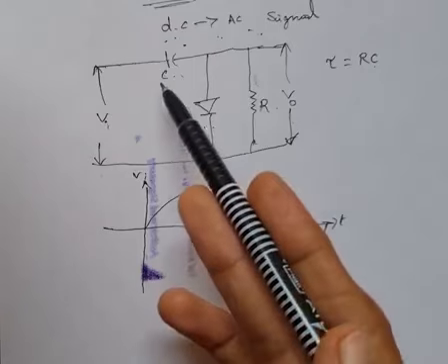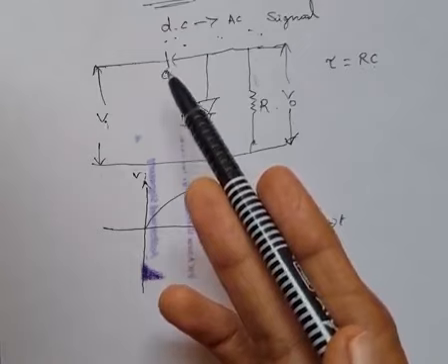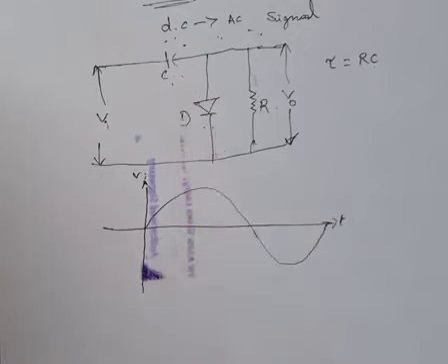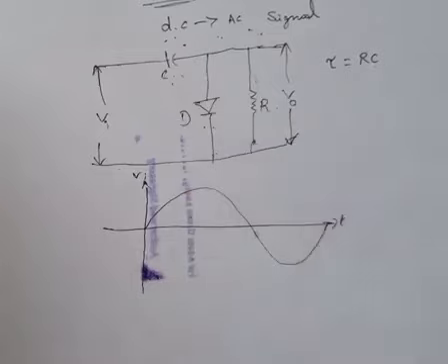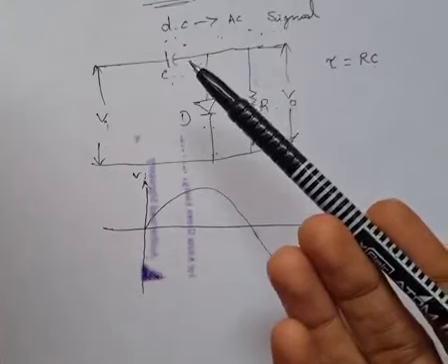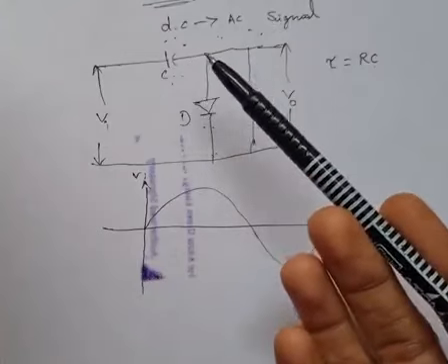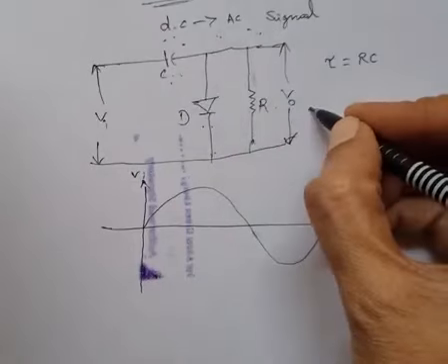That time the capacitor is charging, and it is not discharging, which means some charge is stored. The main purpose of the capacitor is storing some charge. In that time the output of a short circuit V naught is 0.